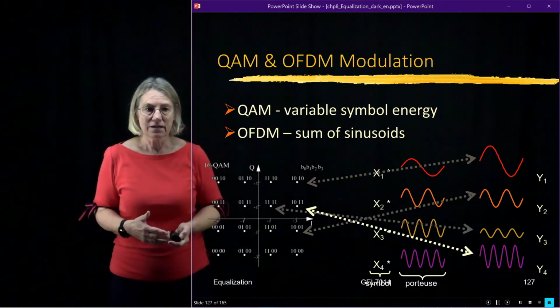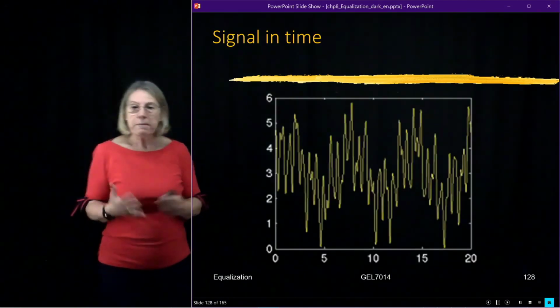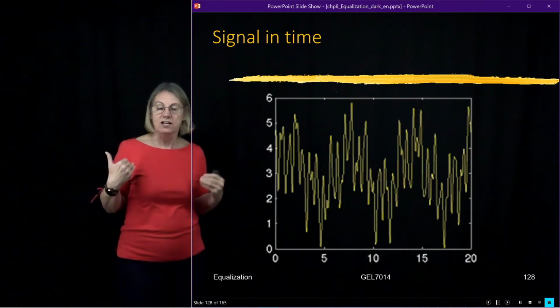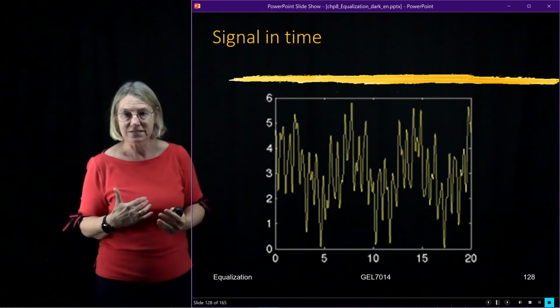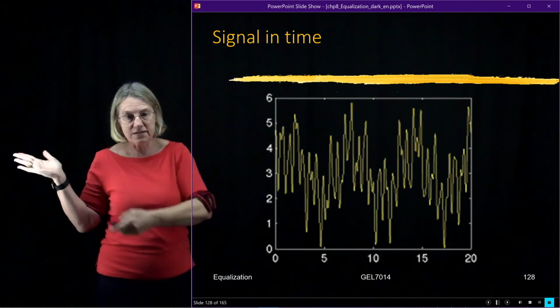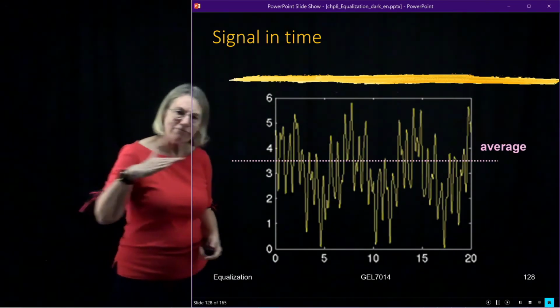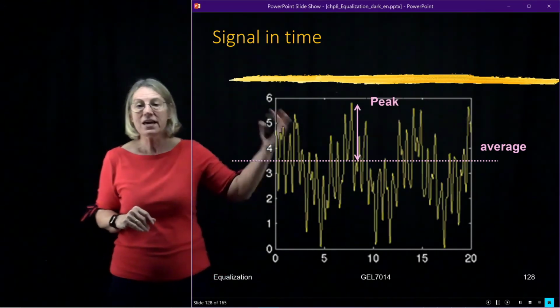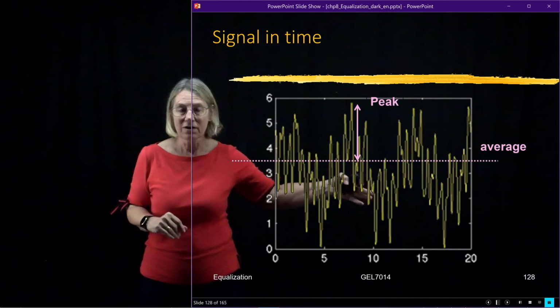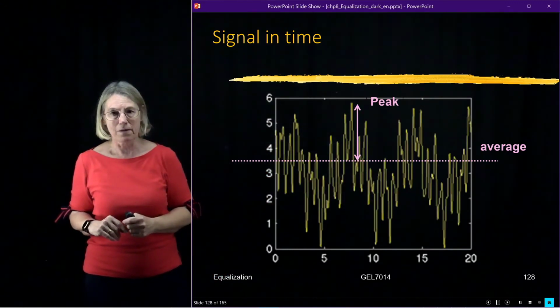What that means is if I look at the time domain signal, I said that I couldn't look at the time domain signal and pick out where the data bits are in there because I've gone through this FFT process. But if I look at the average value of this time domain signal, and then I look at the peak value, that ratio is going to be higher than in single carrier modulation.